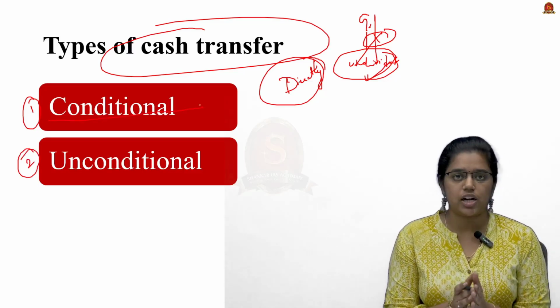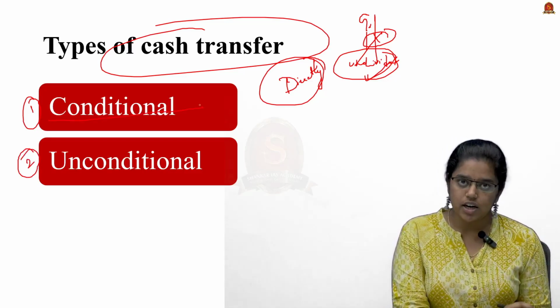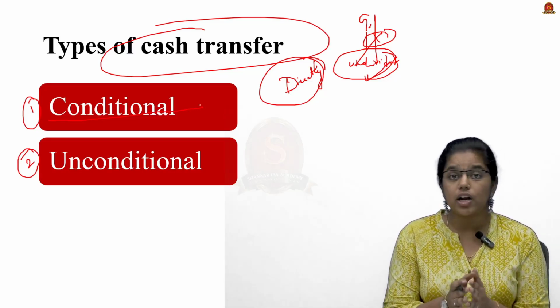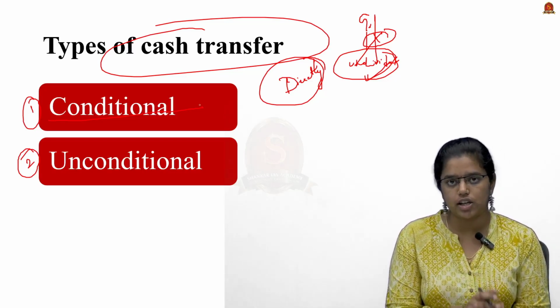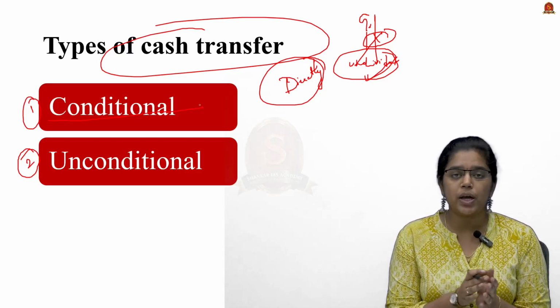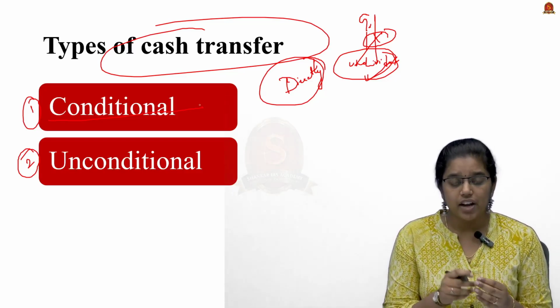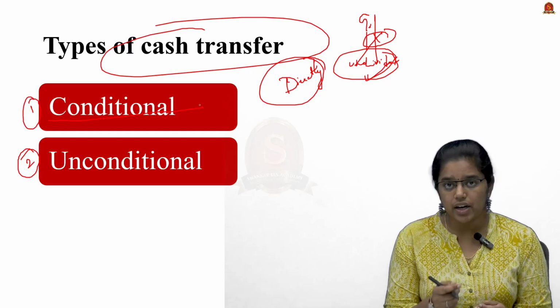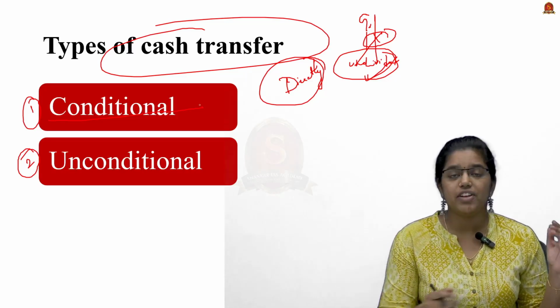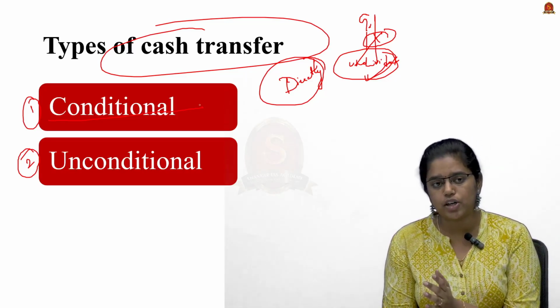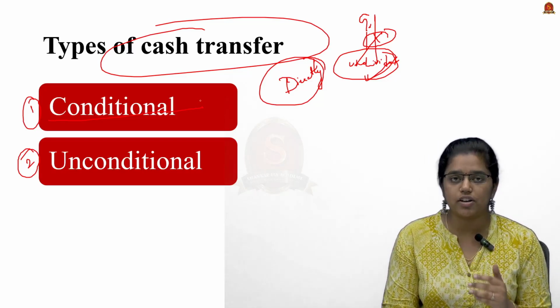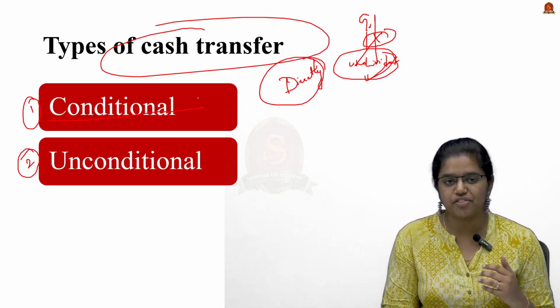Conditional cash transfer is nothing but financial aid given to the individual only if they satisfy certain conditions. For example, if we take the Matru Yojana, only when a woman is pregnant is the financial aid provided to that particular woman. So they have to satisfy certain specific conditions.